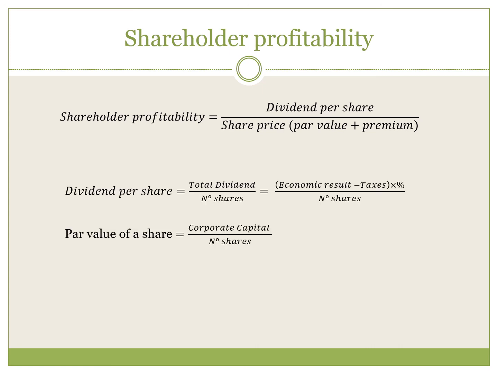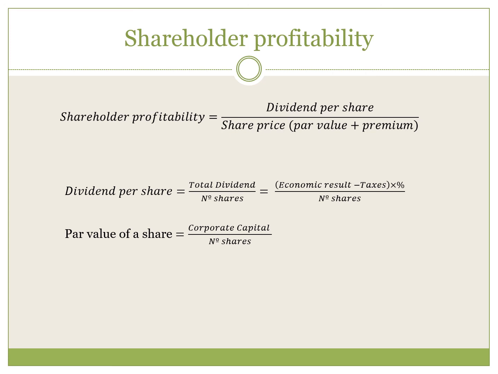If you need to calculate the dividend per share, what you have to do is divide the total dividend by the number of shares. What happens if the total dividend is not specified in the exercise and you need to calculate it? Well, it's quite easy. The company can give dividends, but it has to do it after paying taxes. So in this case you take the economic result minus taxes and then apply a percentage that should be in the exercise.